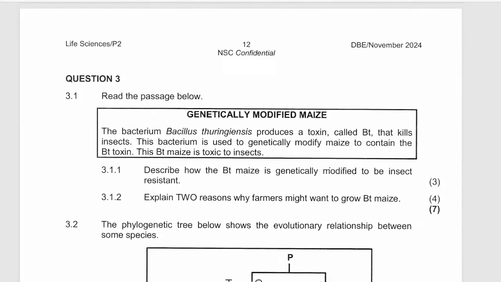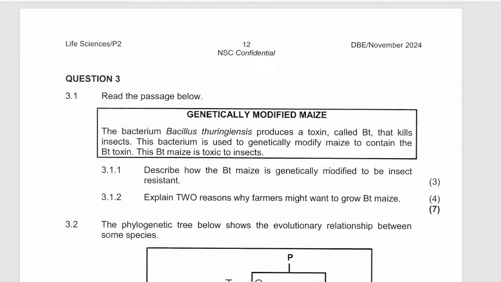All right, we go to question number 3. Read the passage below and answer the question. Genetically modified maize: the bacterium Bacillus produces a toxin that kills insects.